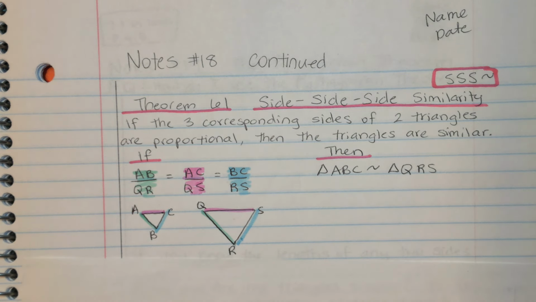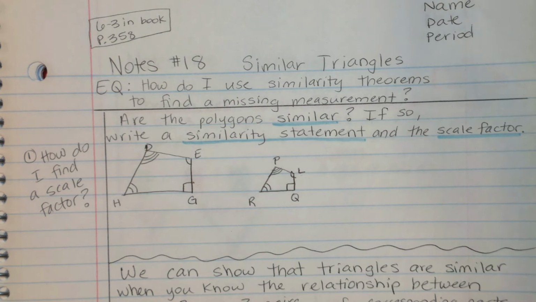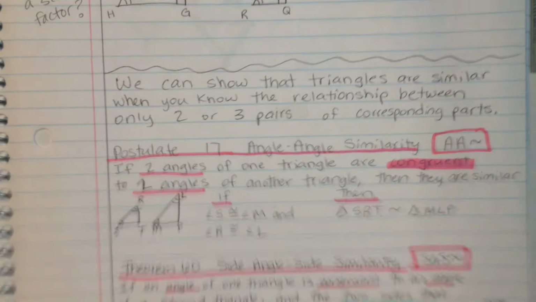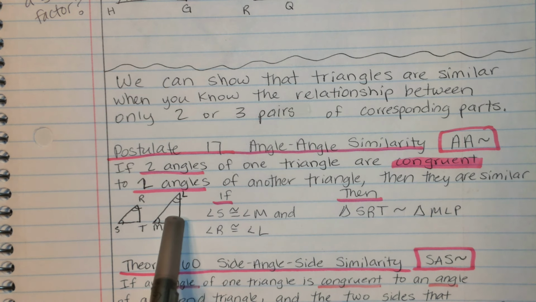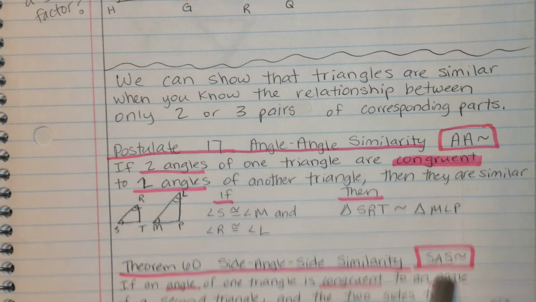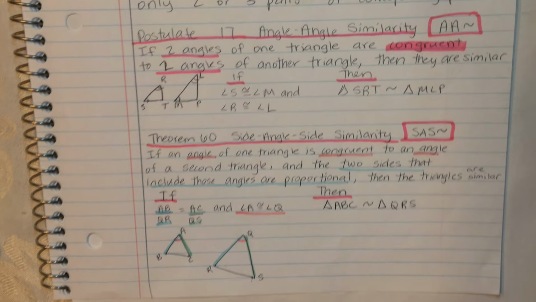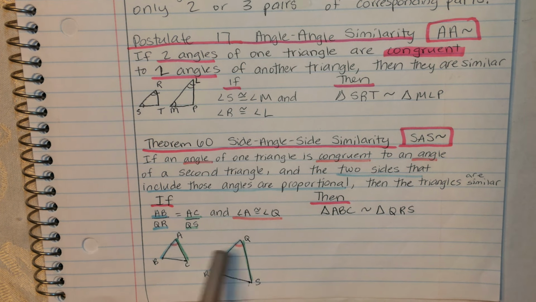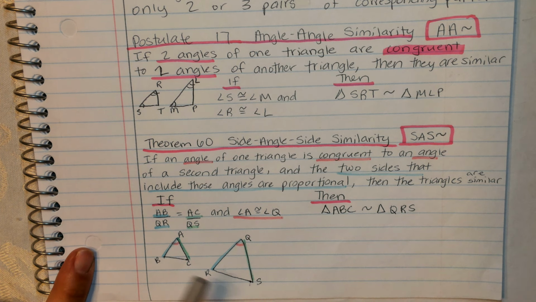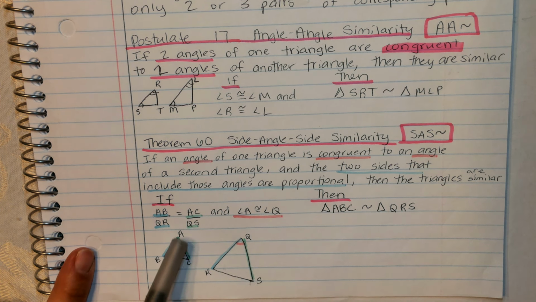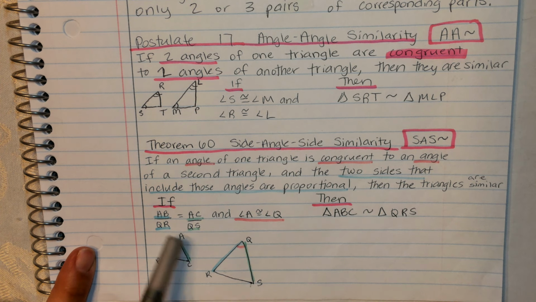So just to refresh your memory and make sure we know what we're doing, we have 3 ways to show that triangles are similar. We've got angle similarity, where 2 angles are congruent. Side angle side similarity, where 1 angle is congruent, but we have to check the proportion. We have to do the fractions of one side over the other side and the other one over the other one and see if they're equal.